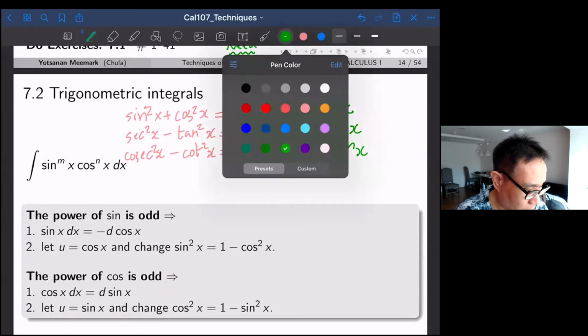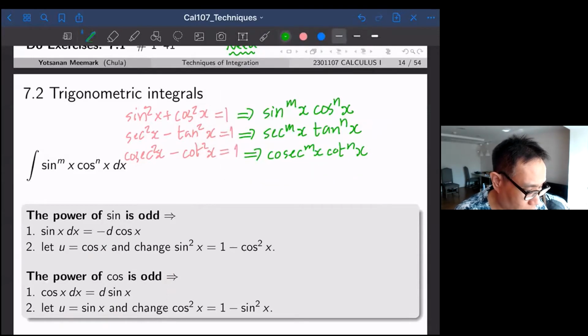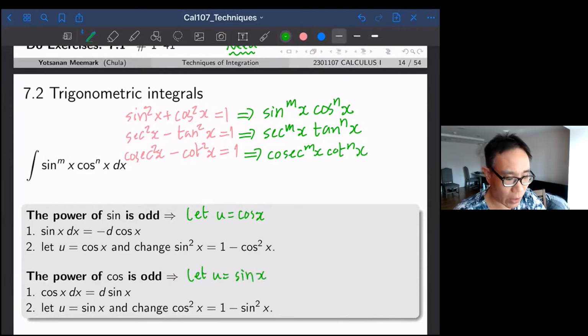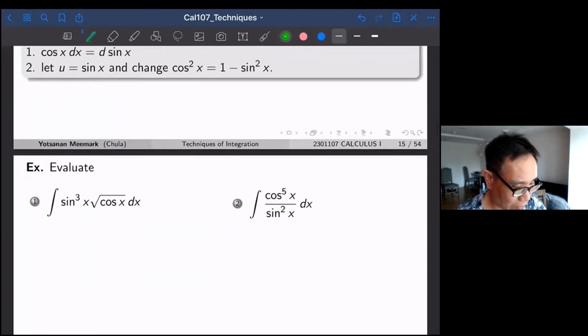So you may write this down: the power of sine is odd, which implies that you let u be cos x, and you let u be sine x when the power of cos is odd. If you just have this idea, you'll be able to integrate basically anything.